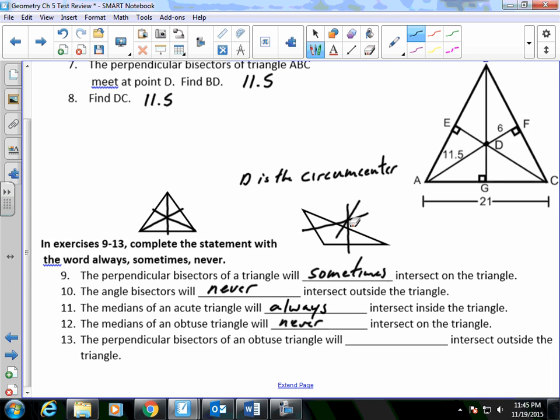So with an obtuse triangle and the perpendicular bisectors, it's always going to be outside the triangle. If it gets down to a right triangle, it's on the triangle, and an acute triangle, it's inside for the perpendicular bisectors.